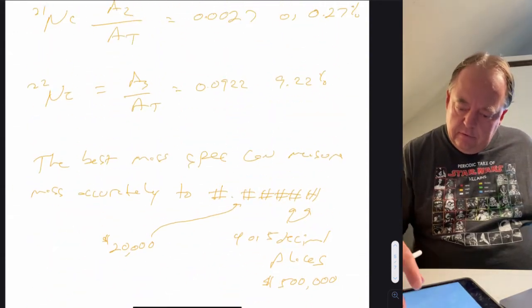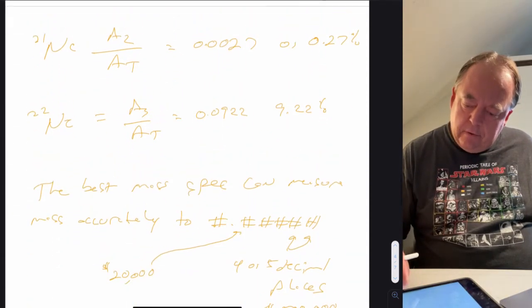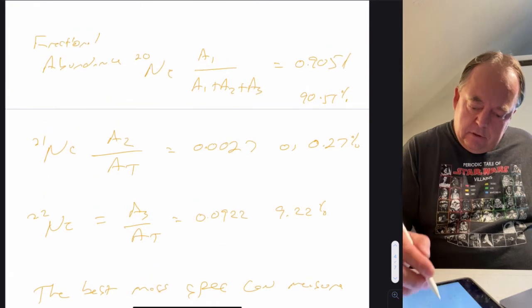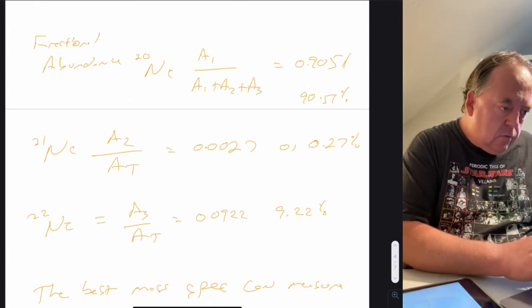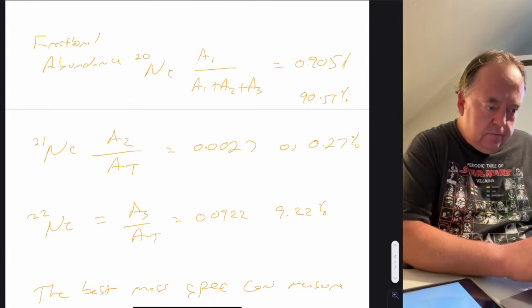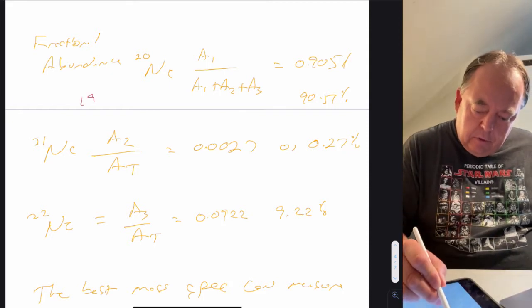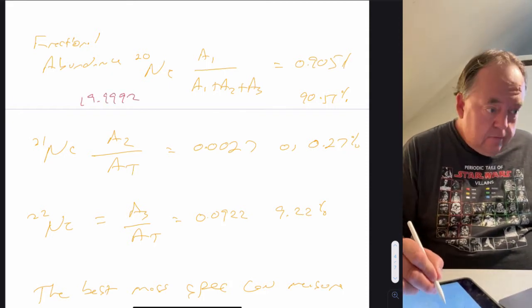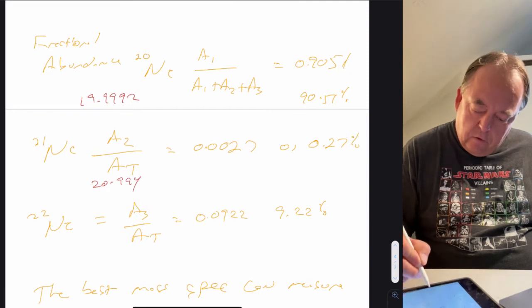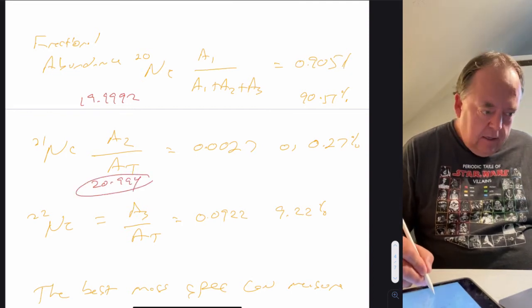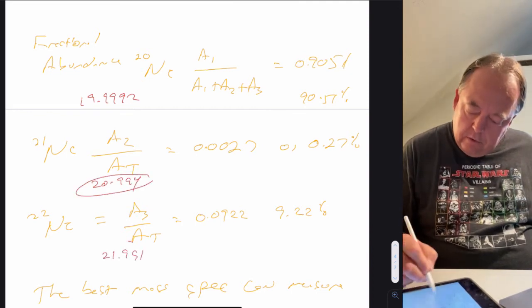So if we went back up to this neon sample, what did we say the mass was? 19.99992. This is 20.994 atomic mass and 21.991 atomic mass.